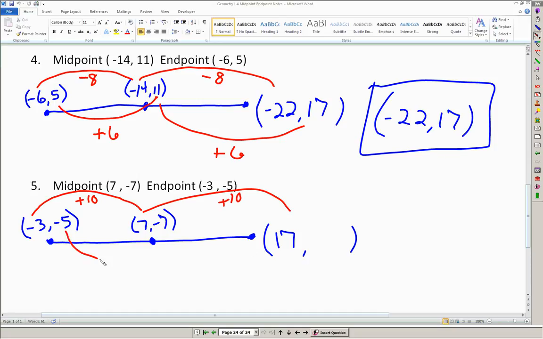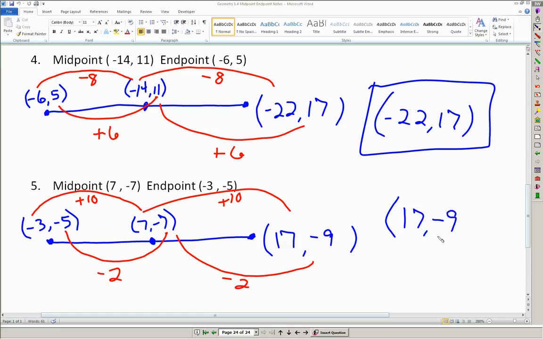From negative 5 to negative 7. Negative 7 minus negative 5 is negative 2. We're subtracting 2. And let's subtract 2 more. Negative 7 minus 2 is negative 9. So 17 comma negative 9 is the answer there.